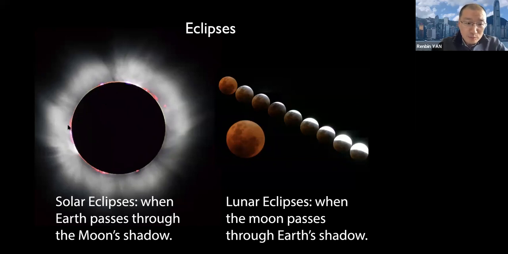But when the disk of the sun is blocked by the moon, you can start seeing these fainter upper atmosphere of the sun in the dark sky. So that is visible. And so a solar eclipse is when the Earth passes through the moon's shadow, so the moon is blocking the sun. These are the two kinds of eclipses.